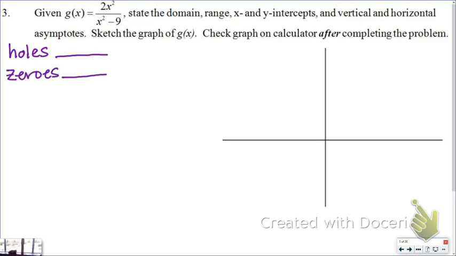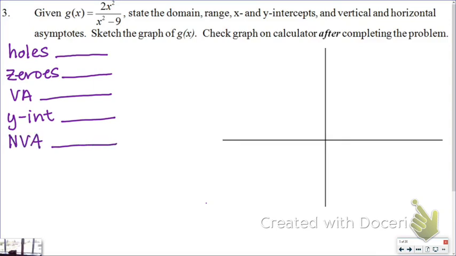You're going to look for vertical asymptotes. You're going to look for, what else are you looking for? Y-intercept. You're going to look for non-vertical asymptotes. And I would do a sign chart after that.